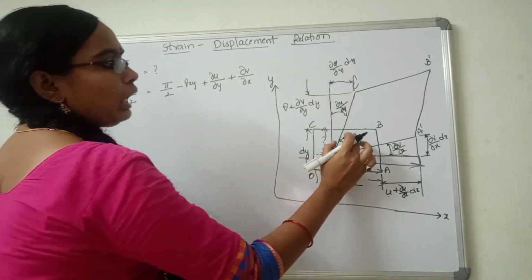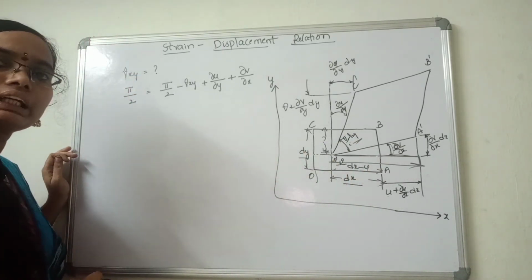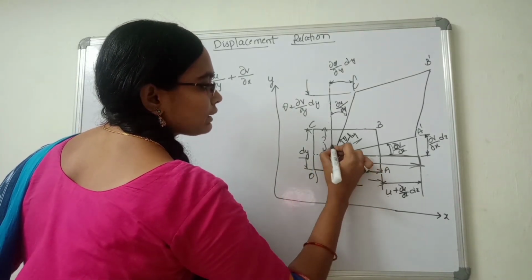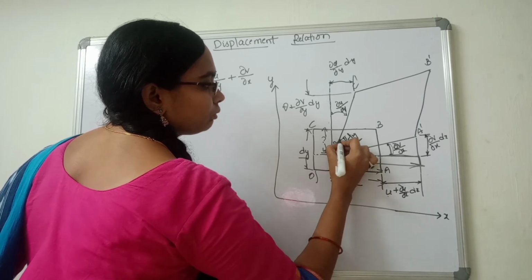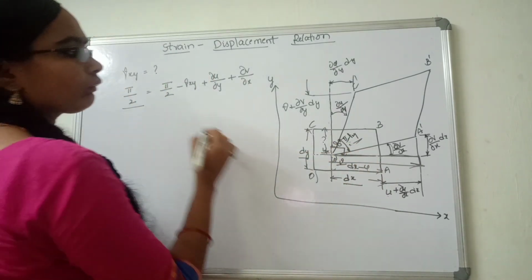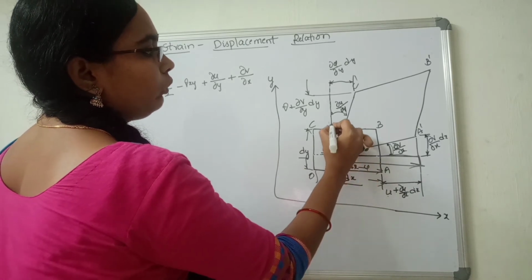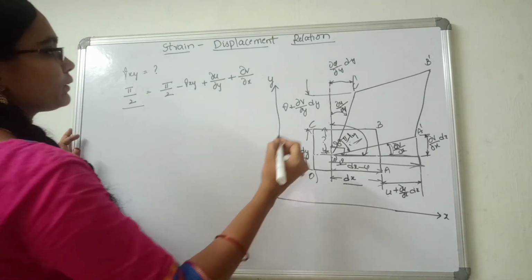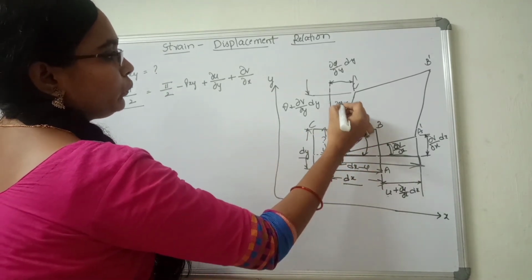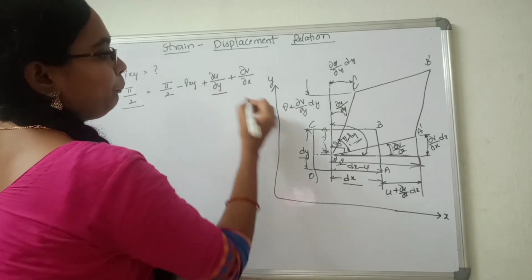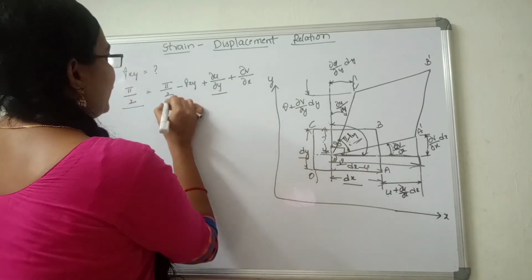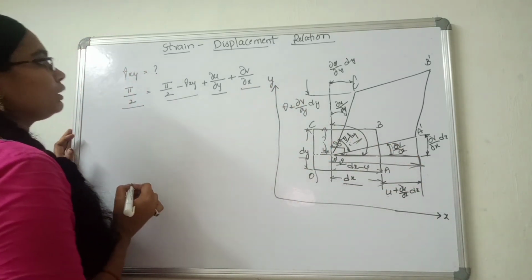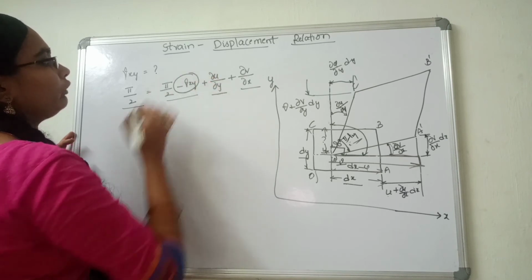To find out the gamma xy, that means shear strain, I would like to consider the overall angle, which is 90, that means pi by 2, which is equal to this overall angle. So that is dou u by dou y plus pi by 2 minus gamma xy plus dou v by dou x. Okay, so this is the unknown thing we have to find out.